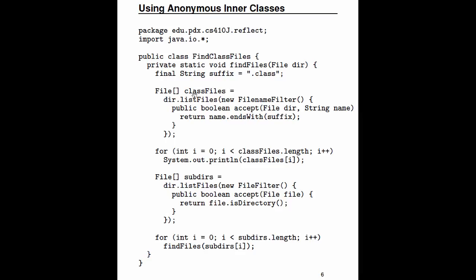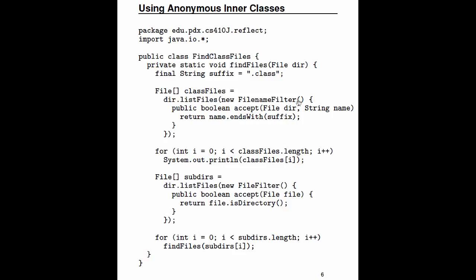Okay, so here is the chunk of code in this FindClassFiles class that finds all of the files in this directory whose name ends in .class. And how does it do it? Well, it uses the listFiles method on java.io.File, like the program from the Core API lecture did. But what it passes it is the following. It says new FileNameFilter, parentheses, and then a code block.